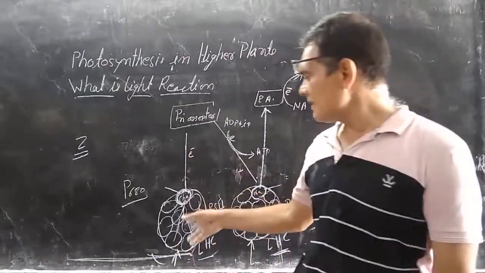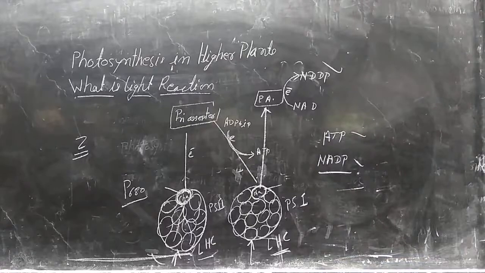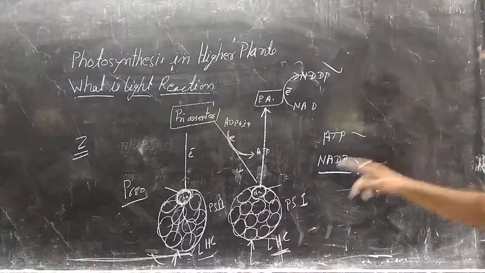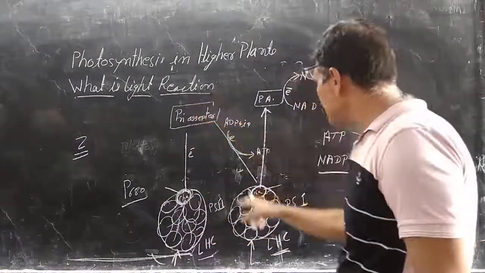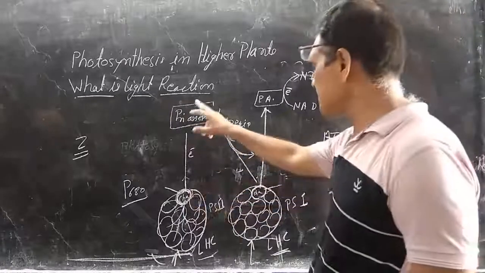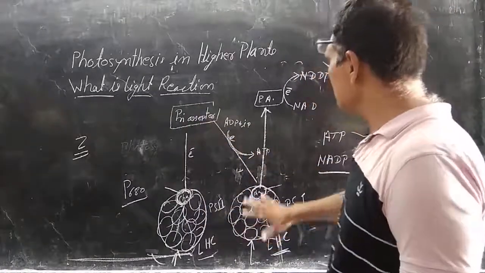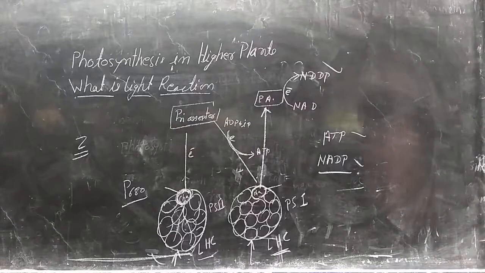Light reaction में ये इलेक्ट्रॉन ट्रांसफरिंग होता है, that is cyclic and non cyclic, जिसमें इलेक्ट्रॉन फोटो सिस्टम सेकंड से प्राइमरी एक्सेप्टर, फोटो सिस्टम फर्स्ट, और फोटो सिस्टम फर्स्ट से NADP को इलेक्ट्रॉन ट्रांसफर हो जाता है. And during this way, ATP molecules and NADPH molecules are formed, which are required in the dark reaction.